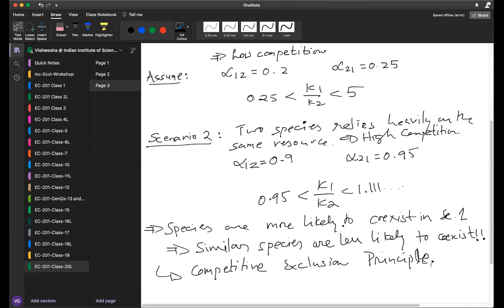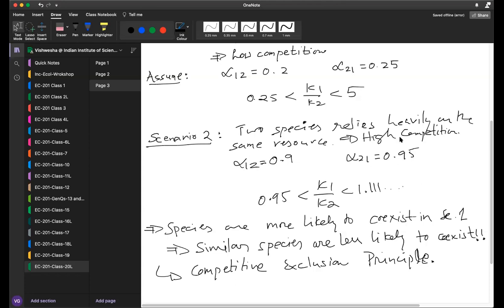Yeah, I mean, so basically, if you think, the smallest deviation from this will also make them not coexist, right? So the region of parameter space that allows them to coexist is much smaller in this case compared to this case. Okay.